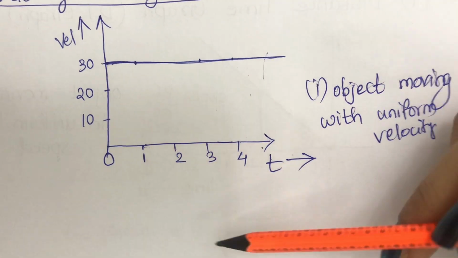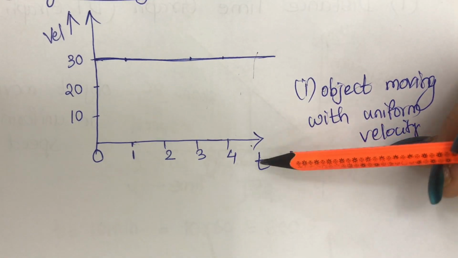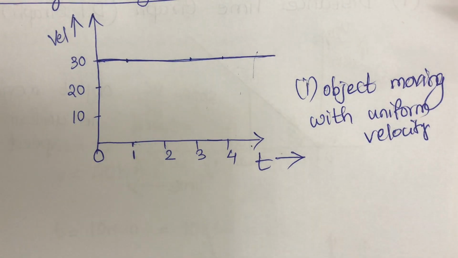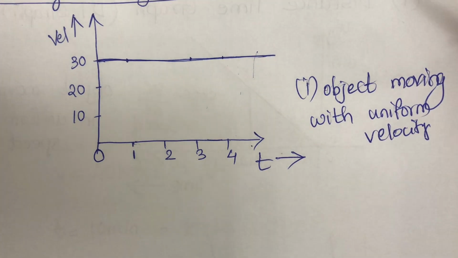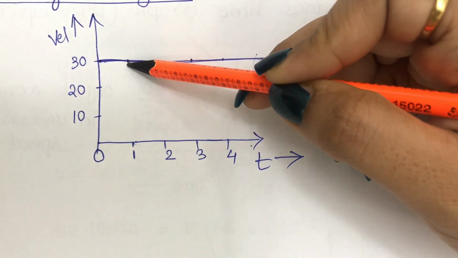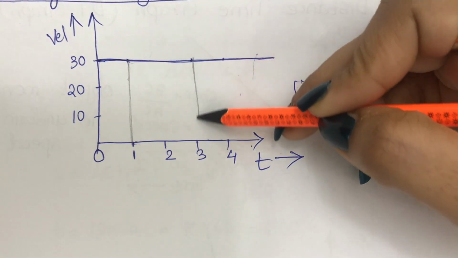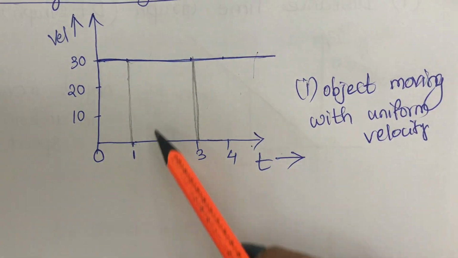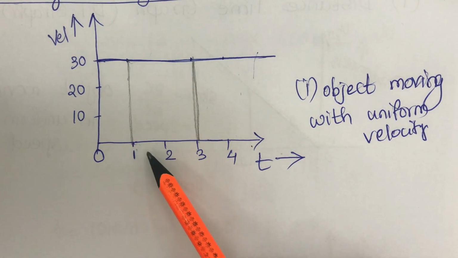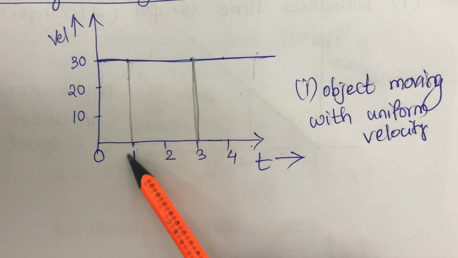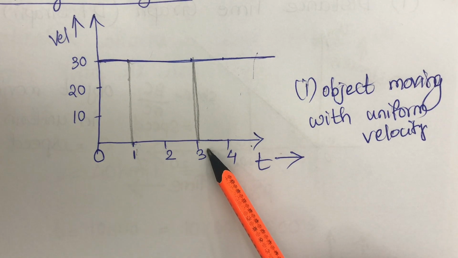Velocity and time gives what? Velocity into time is displacement. So we need to calculate the displacement between the first hour and the third hour.